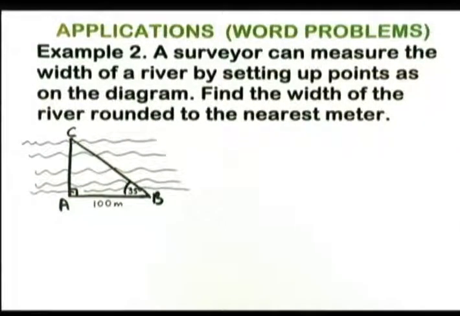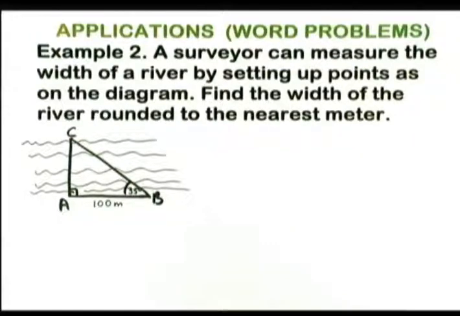Applications, word problems. Example 2. A surveyor can measure the width of a river by setting up points as in the diagram. Find the width of the river rounded to the nearest meter.